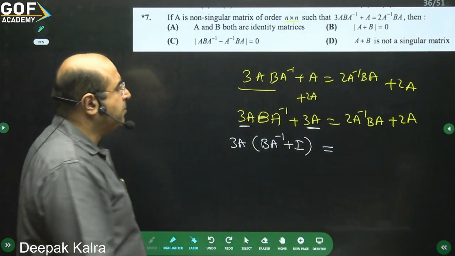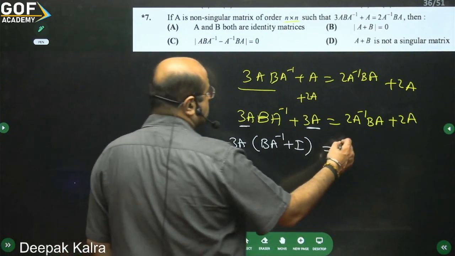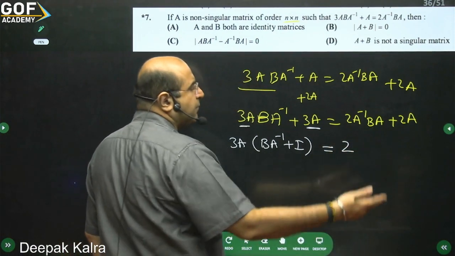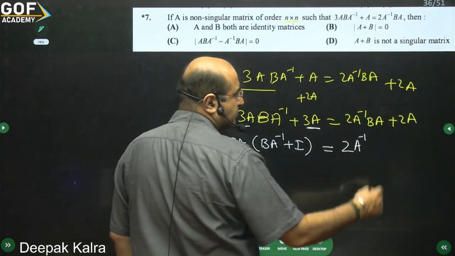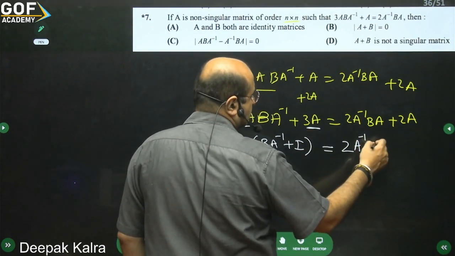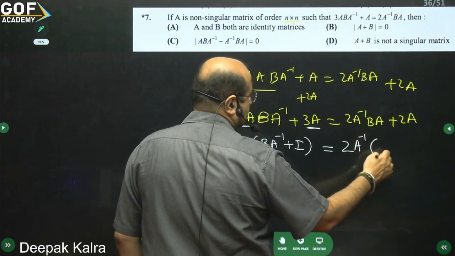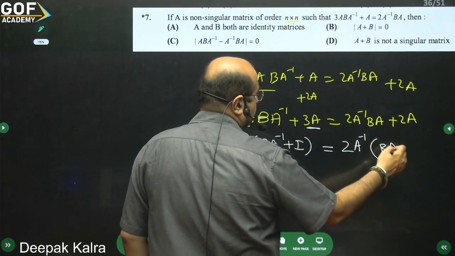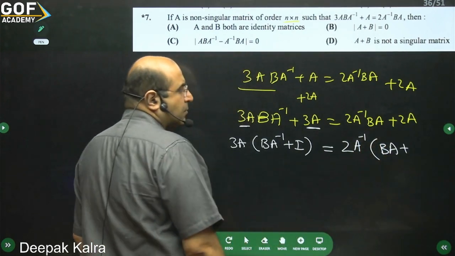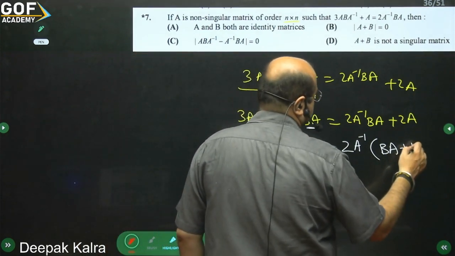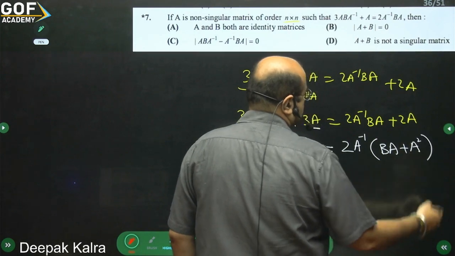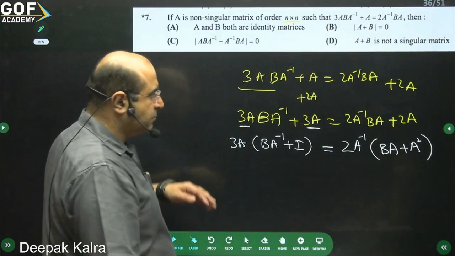Will it be possible to take anything common from this place? If I take A inverse common, okay. Let's begin with A inverse common. Should have A square there, no? A inverse.